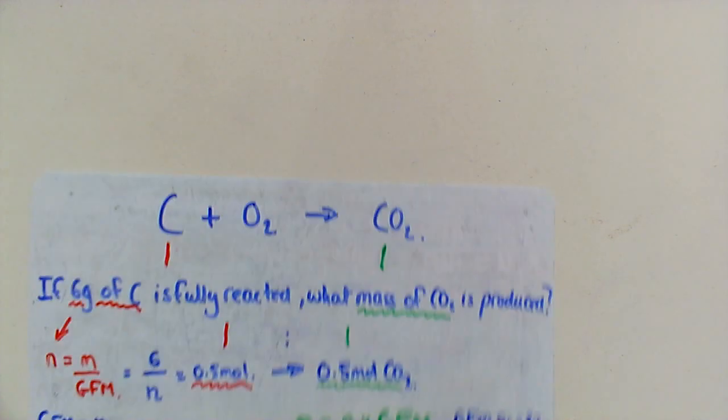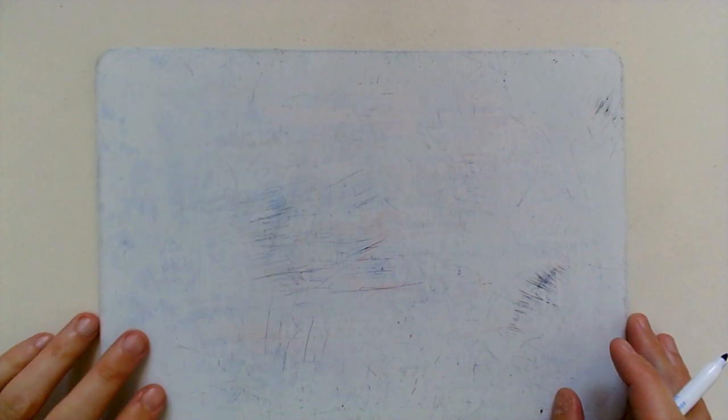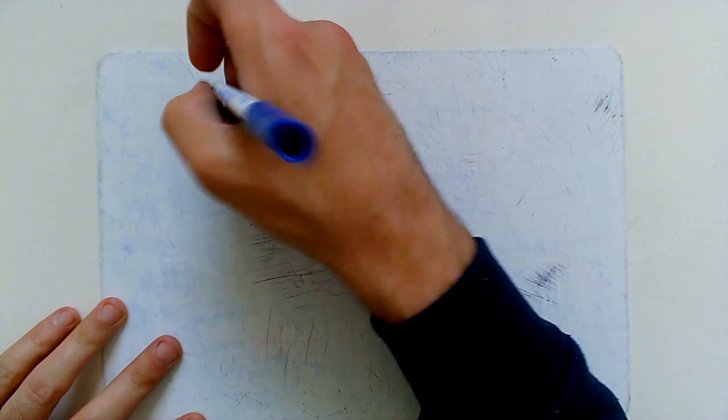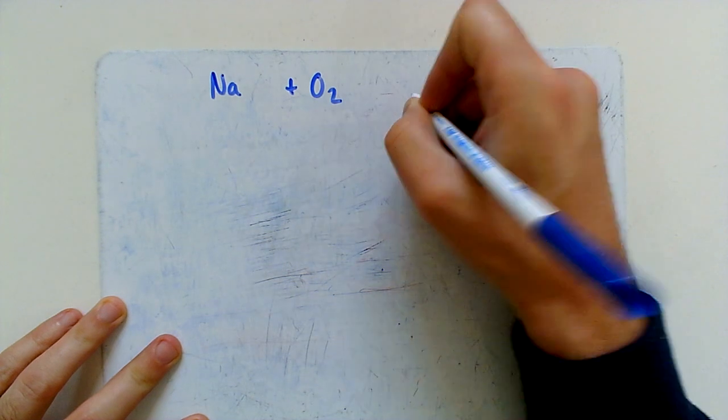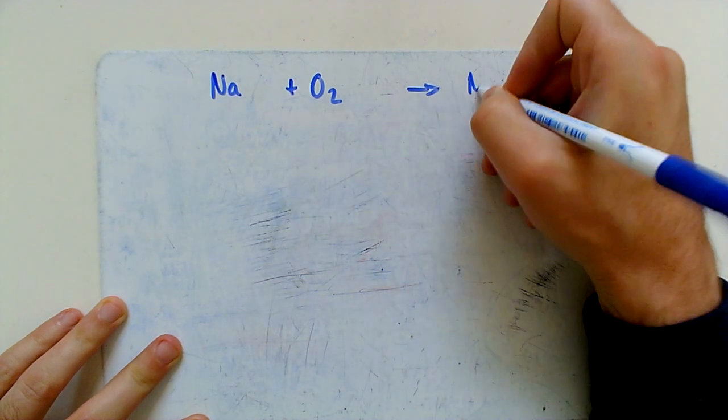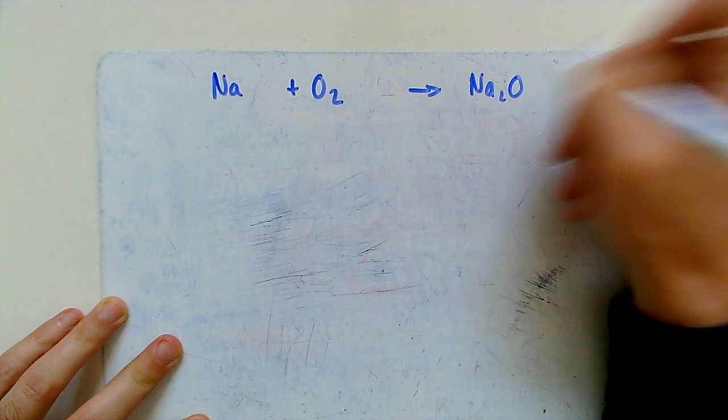We'll do one final example. Na plus O2 goes to Na2O.